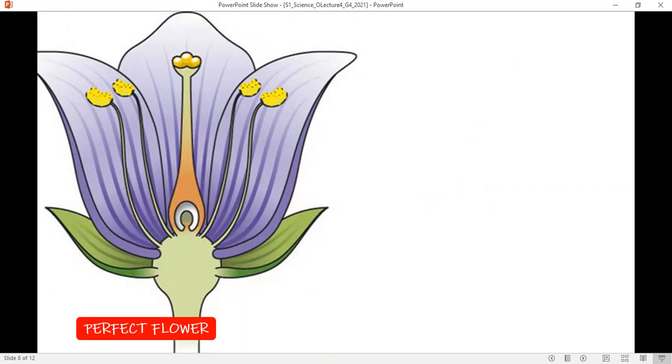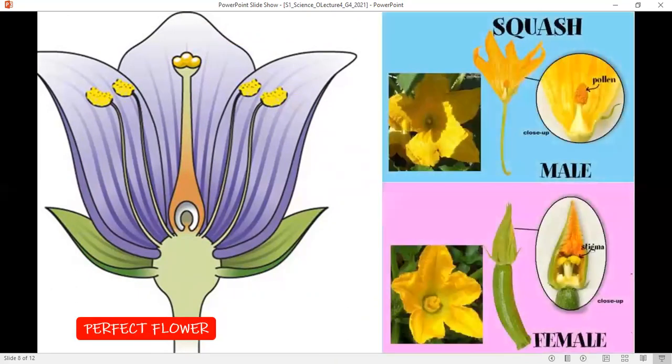This is a perfect flower. We talked about perfect flowers in the last worksheet. This flower shows a pistil, and also it shows 4 stamens.